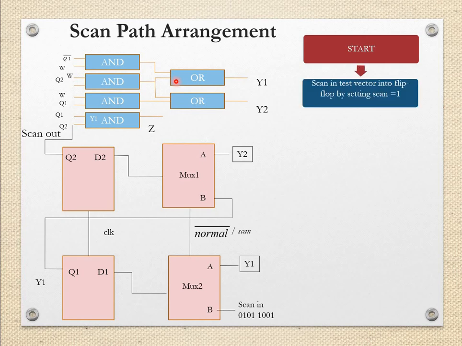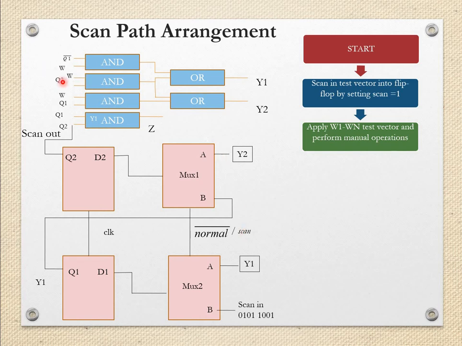So start, then scan in the test vector into the flip-flop by setting scan equal to 1. So we have to make this scan, that is the select input of this multiplexer, equal to 1. Then apply the W1 to Wn test vector and perform the manual operation.